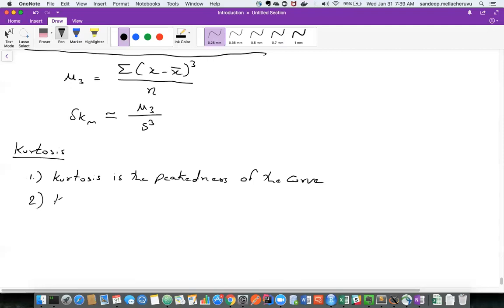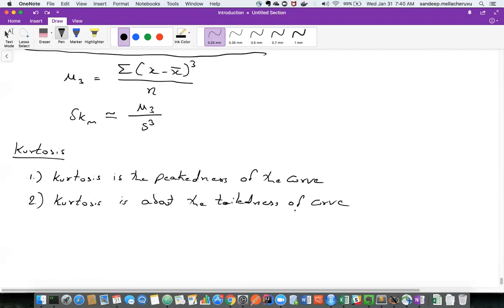The second definition is that kurtosis is about the tailedness of the curve. Unfortunately for me, both look the same, but there are some statisticians who will fight about peakedness versus tailedness. For me, if there is a peak, there is a lesser tail.